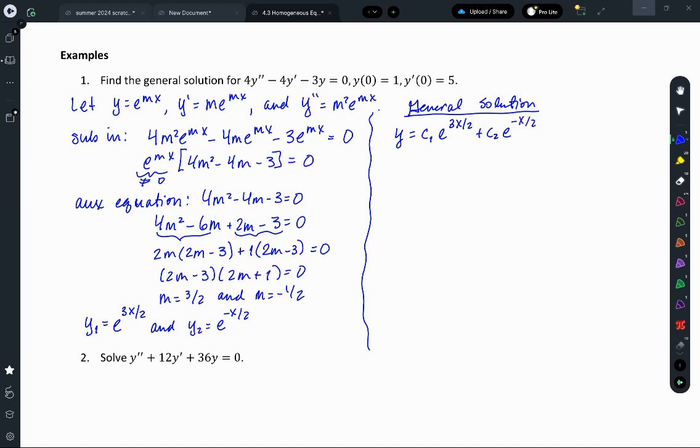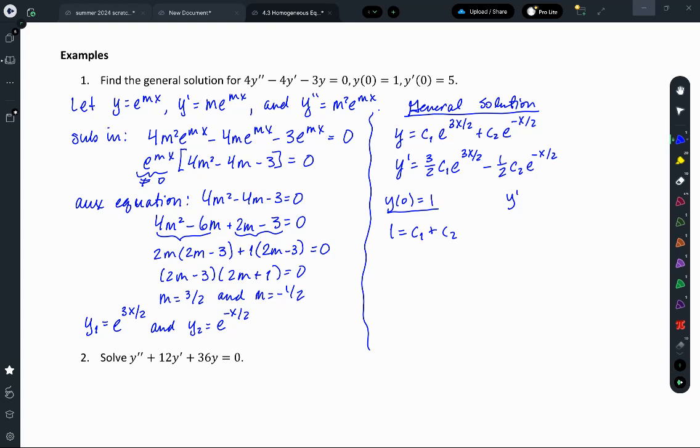I also need y prime. Y prime is equal to 3 halves c1 e to the 3x over 2 minus 1/2 c2 e to the minus x over 2. All right, let's apply our conditions. Y of 0 equals 1. When I plug in 0 for x, I get 1 is c1 plus c2.